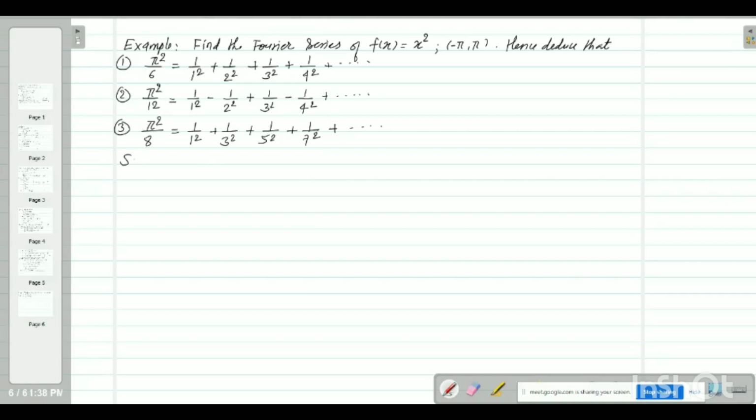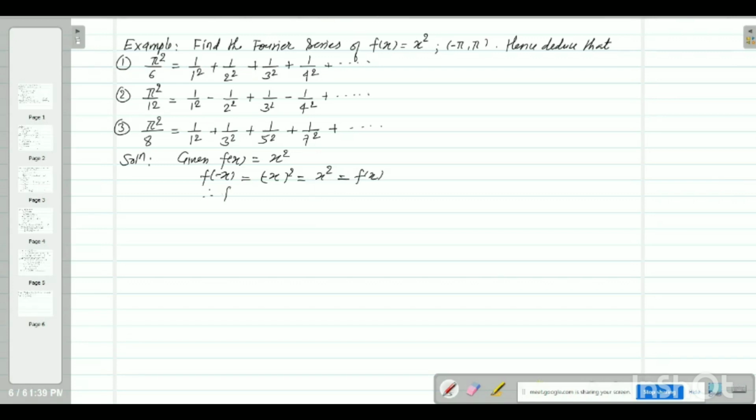So solution for this, given that f of x is equal to x square. Okay, just check whether it is even or odd. So f of minus x, I'm replacing x by minus x, so this is equal to minus x the whole square, and this is x square, but x square is f of x.